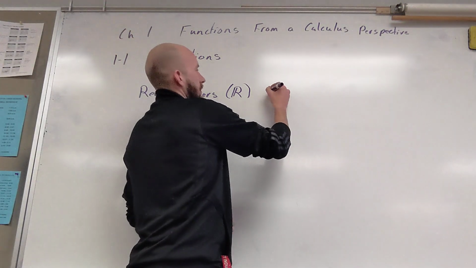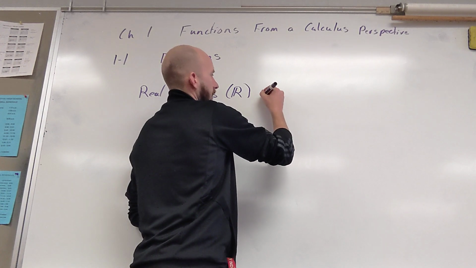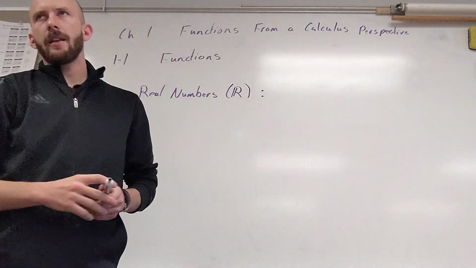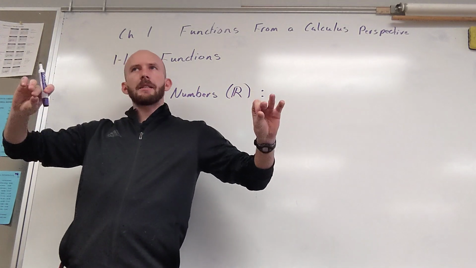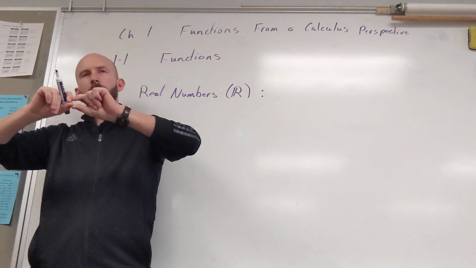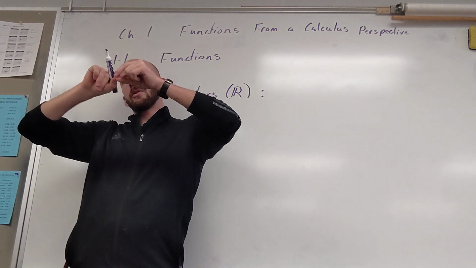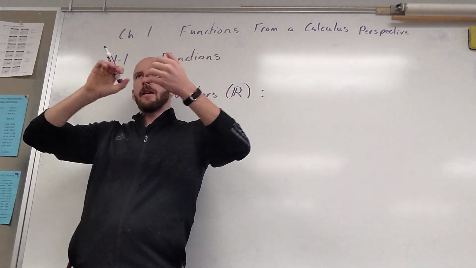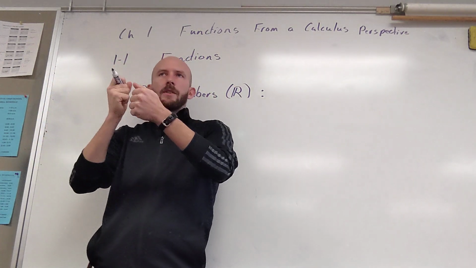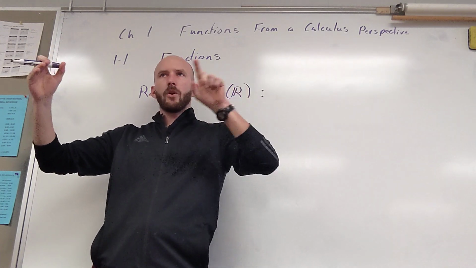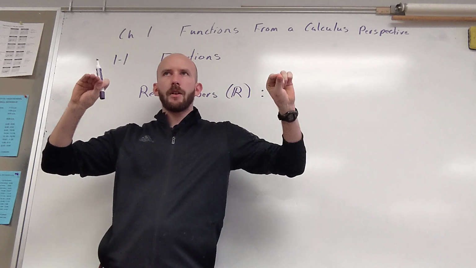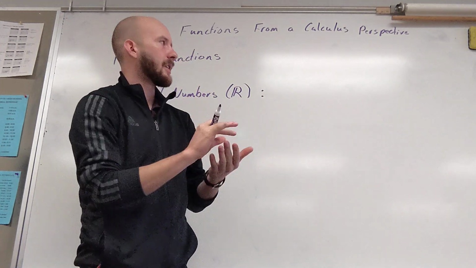I'm going to list some examples next to each set. Real numbers basically include everything except imaginary numbers, and that's what you normally think of when you see a number line with a solid interval. Everything between 0 and 1 would include all real numbers, like that solid shaded area.